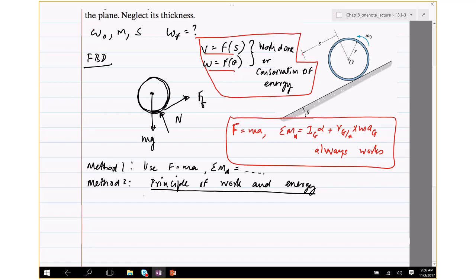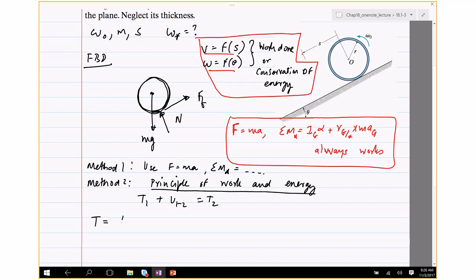So that says T1 plus U12 equals T2. Okay, so let's try to find the kinetic energy.